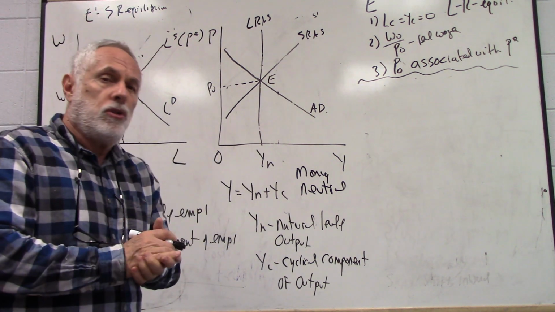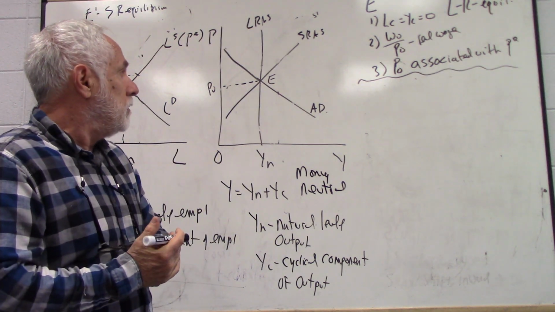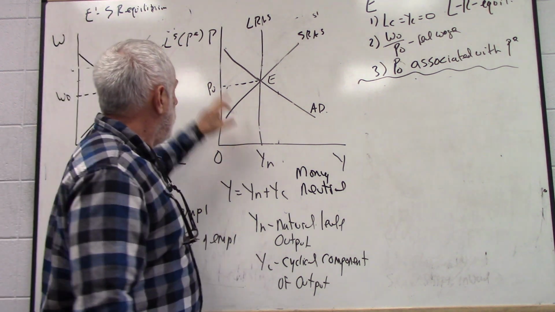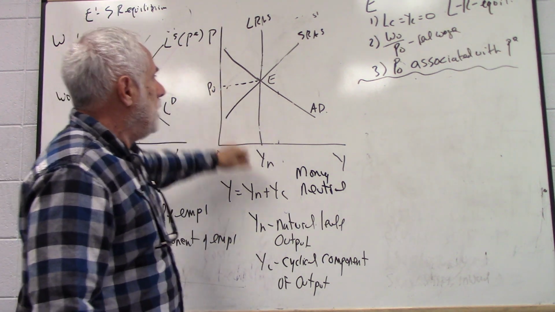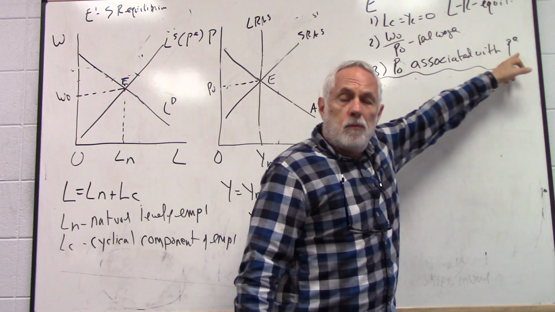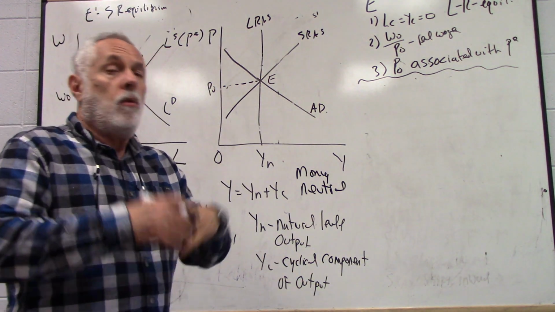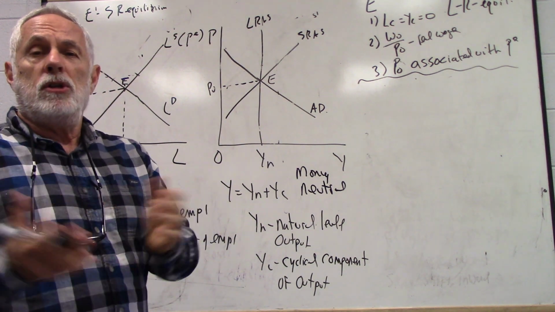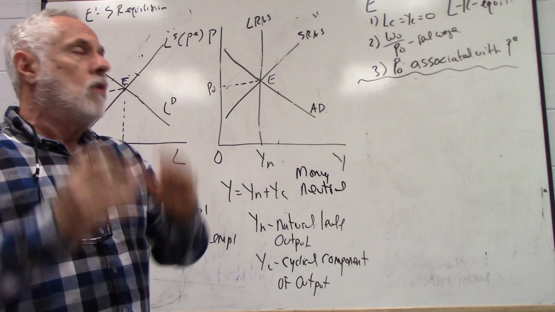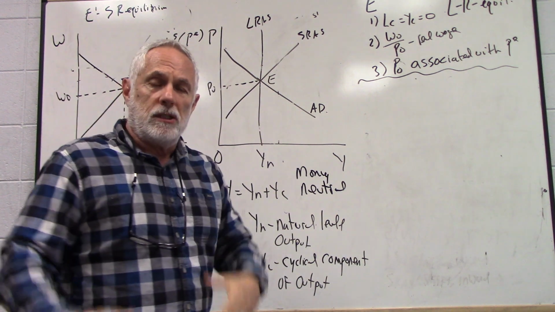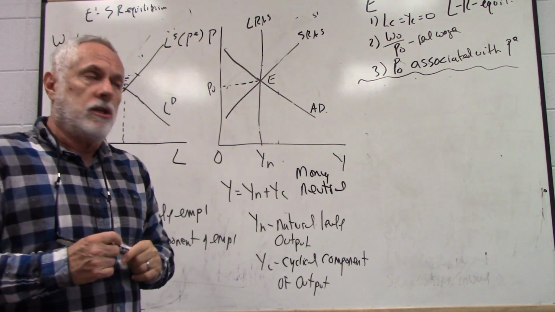And what we're concerned with is how these things adjust when there's economic shocks. Now also, with this price level P0, there is some associated expected price level PE. And what we're going to demonstrate is that when monetary policy, let's say, causes an increase in the money supply, we're going to see prices rise, and we'll also see the expected price level rise, but we're going to do that in the next lecture.